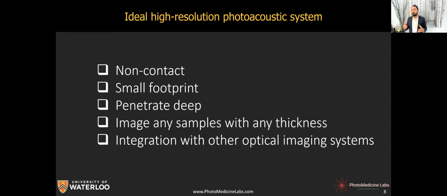Because if you can only image teeny tiny samples, then translating that technology to a clinical setting is almost impossible, whether you want to image someone's eye or brain, or do in situ imaging of someone's body.